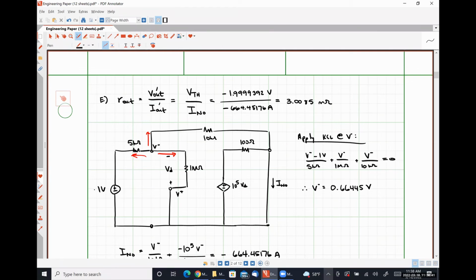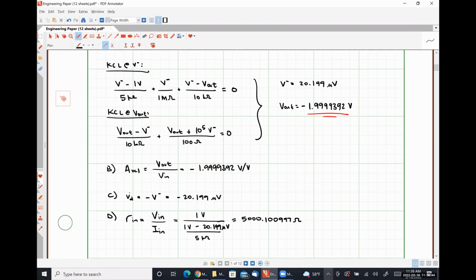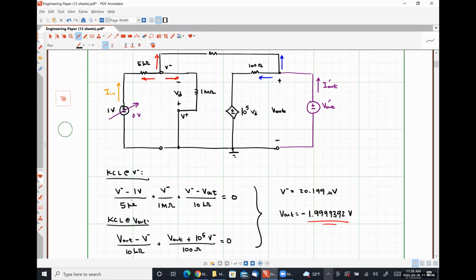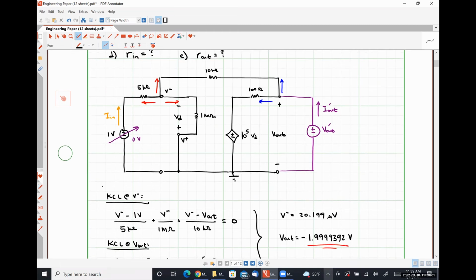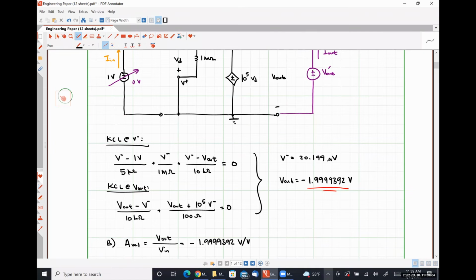Our input resistance of 5 kiloohms is extraordinarily close to this, which means effectively everything to the right of that resistor looks like an open circuit. All right. And our differential voltage VD is very, very small. Okay, so those are 3 observations that we made in the analysis of this practical op-amp model circuit that contains negative feedback. Now we are going to discuss what the actual ideal parameters are.